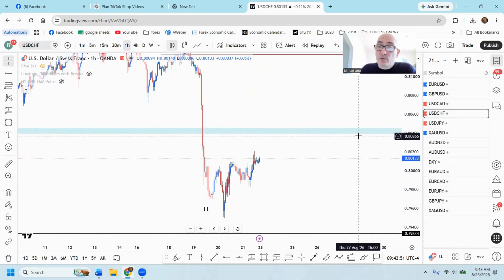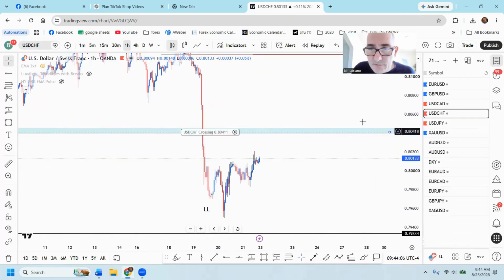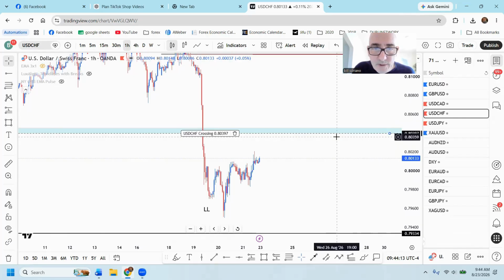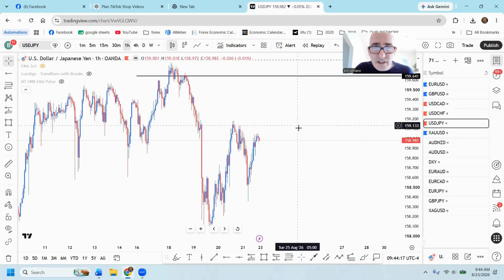And that's where we want to look to take a sell trade because that's the most reasonable area to assume that price will react downward. So we're going to set our alert on USDCHF here. Let's get it right there at 0.80397.